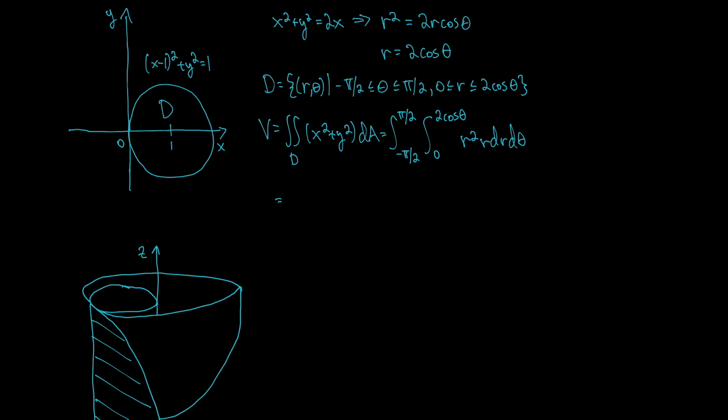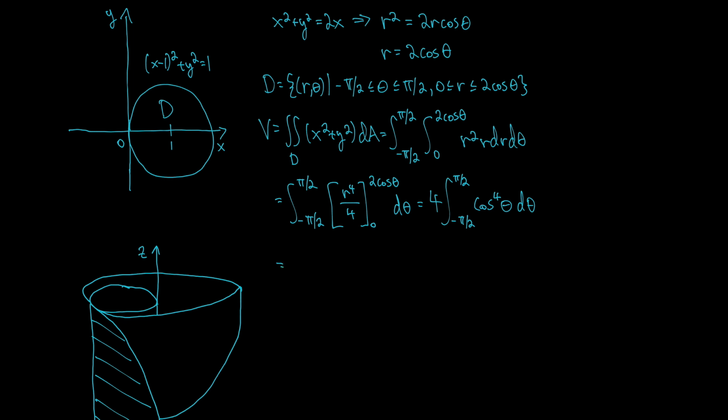So that's equal to the integral from minus pi over 2 to pi over 2 of r to the 4th over 4 from 0 to 2 cosine theta d theta, which is 4 times the integral from minus pi over 2 to pi over 2 of cosine to the 4th theta d theta.